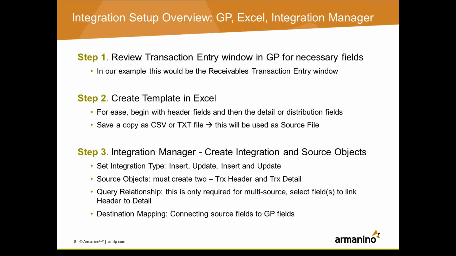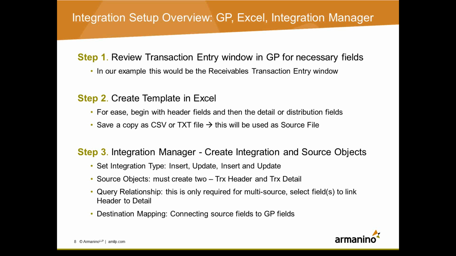That leads us to step 3, which is in Integration Manager, you're going to create the integration and you're going to create the source objects. So you need 2 source objects, one for the transaction header information and one for the transaction detail information. The query relationship is the newest item that's going to be added to your Integration Manager setup.